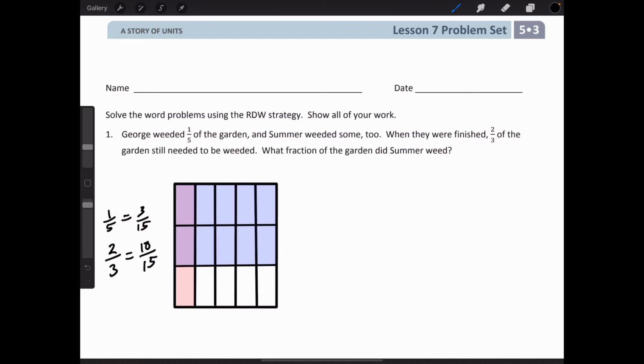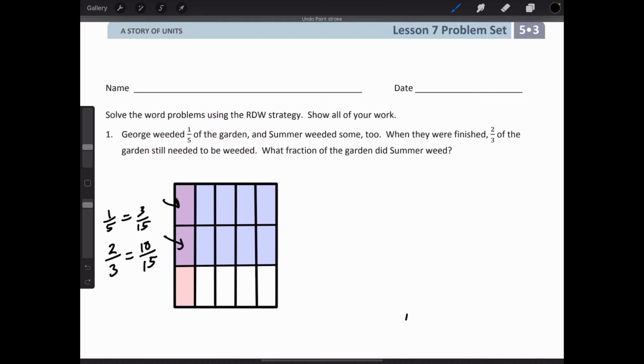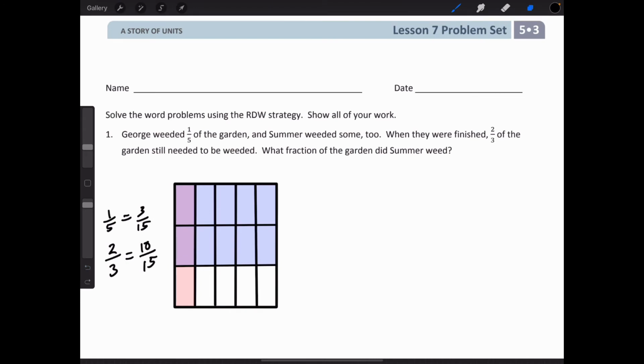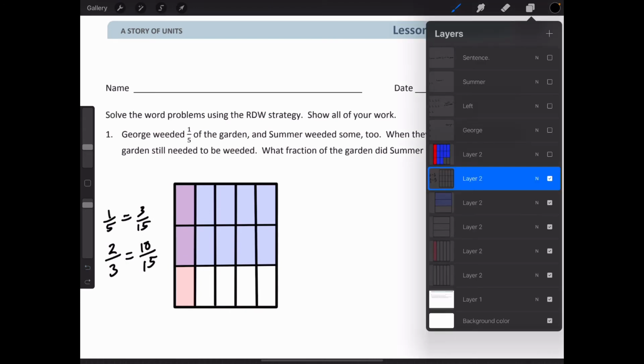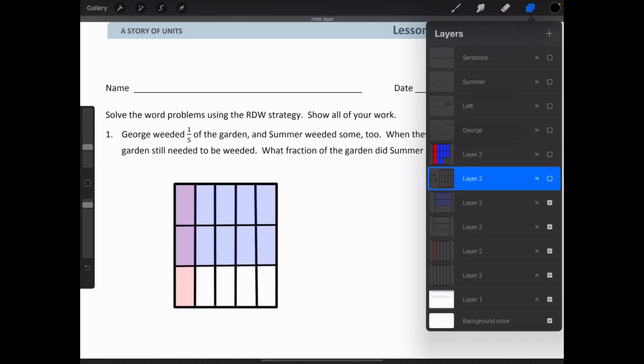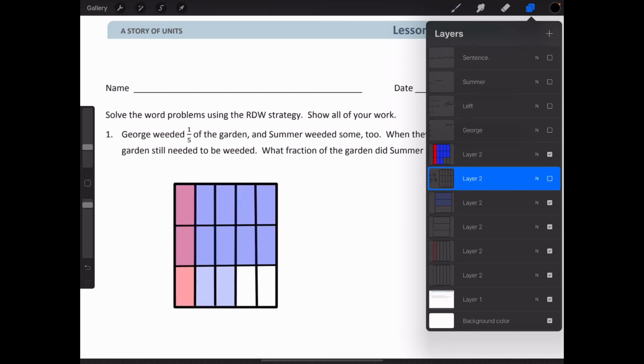So what was still left that had to be weeded would include these two pieces right here, but somewhere else, because George weeded those 3 units. So we wouldn't overlap it like that. What we're going to do instead is move those 2 that overlapped down here like that.